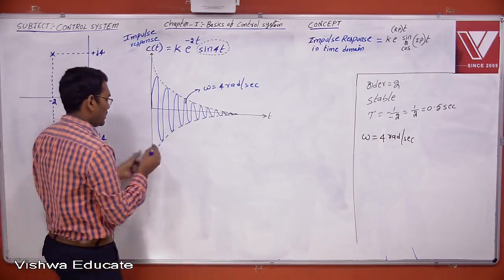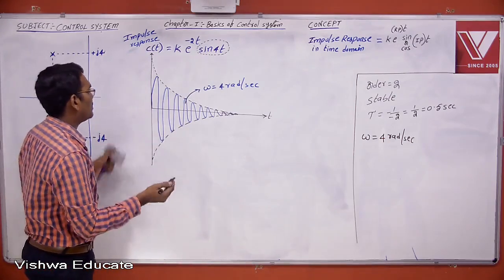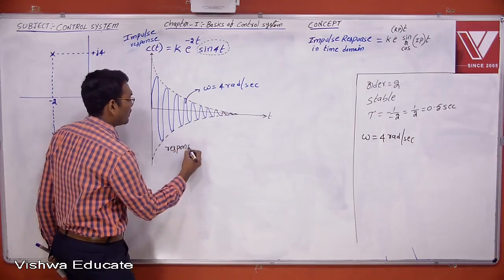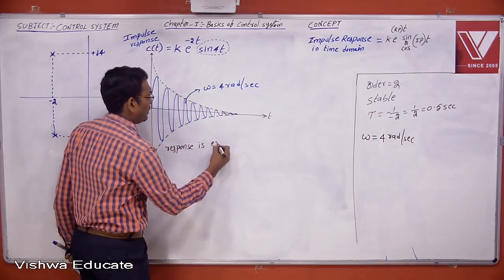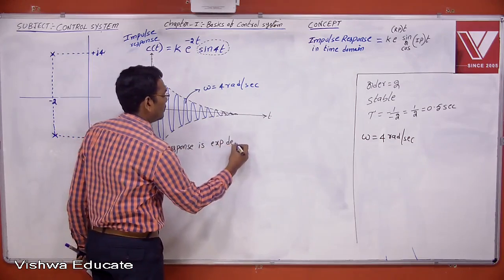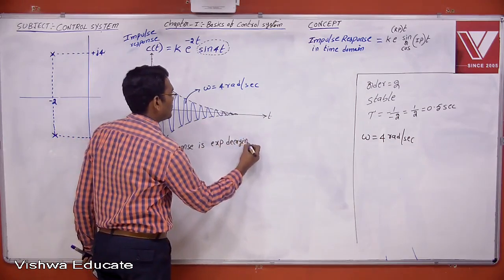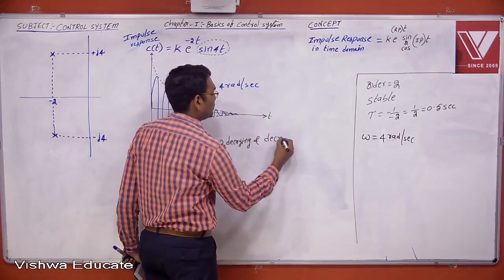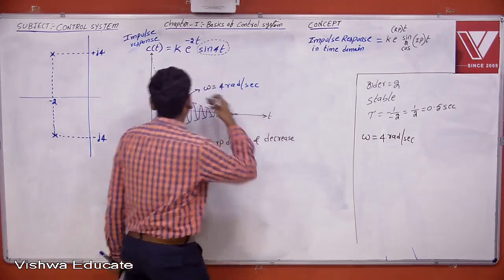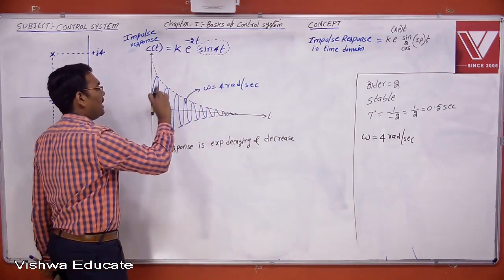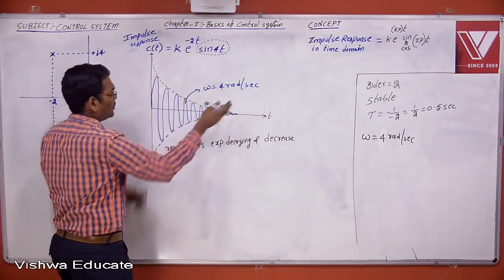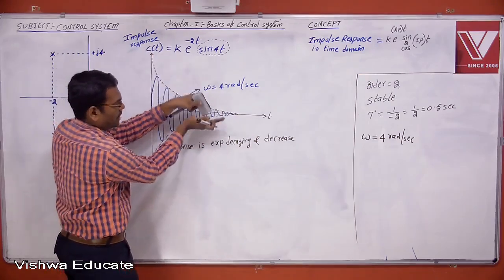Now see here, this is the response. Can I write it like this? The response is exponentially decaying and amplitudes are decreasing.